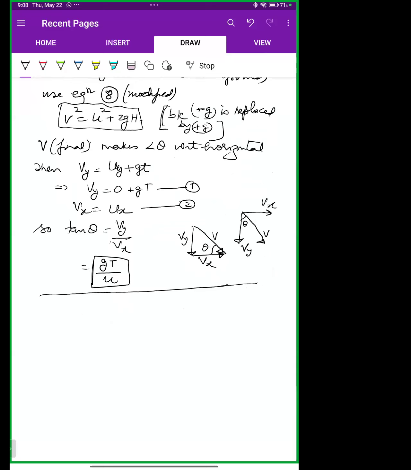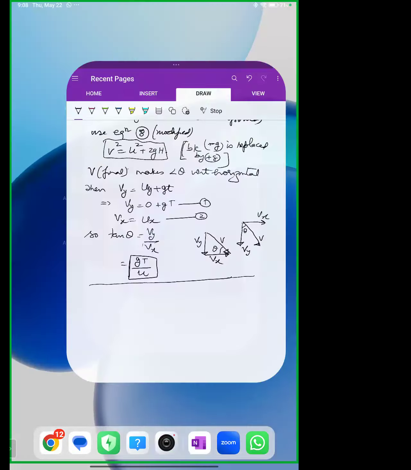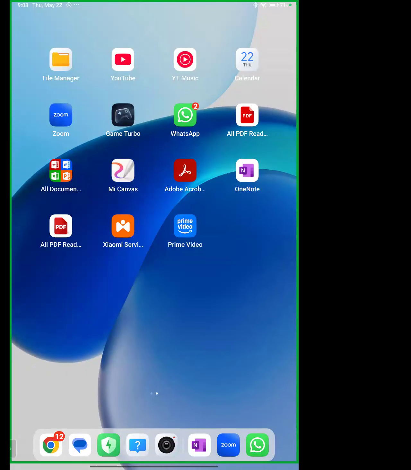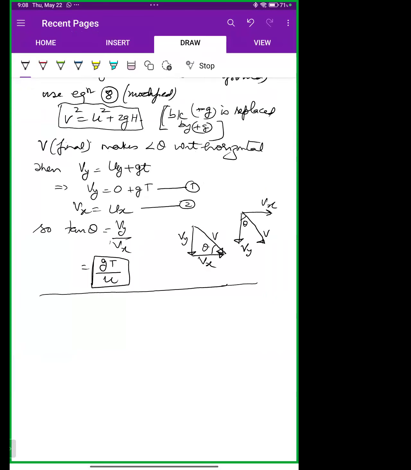You all understood up to here? Because after this also I will do something more. Is it clear up to here? Yes, sir. So will it be gt by ux? One minute. It is gt upon u, yes.